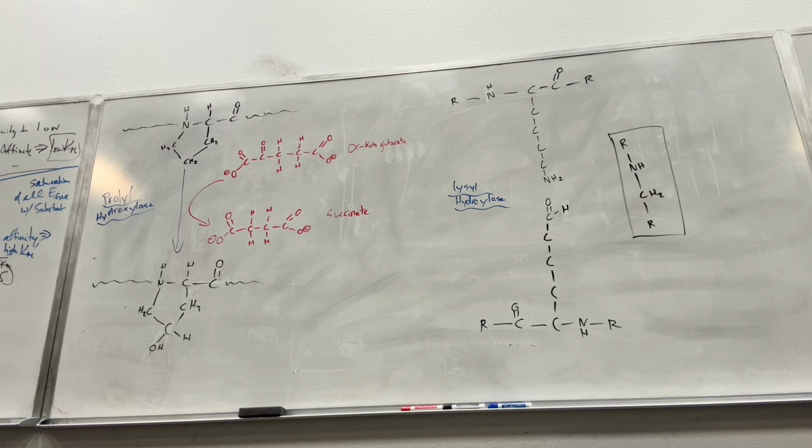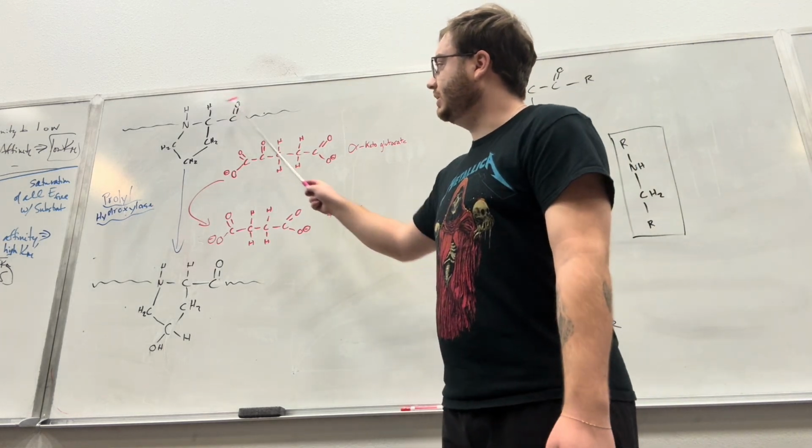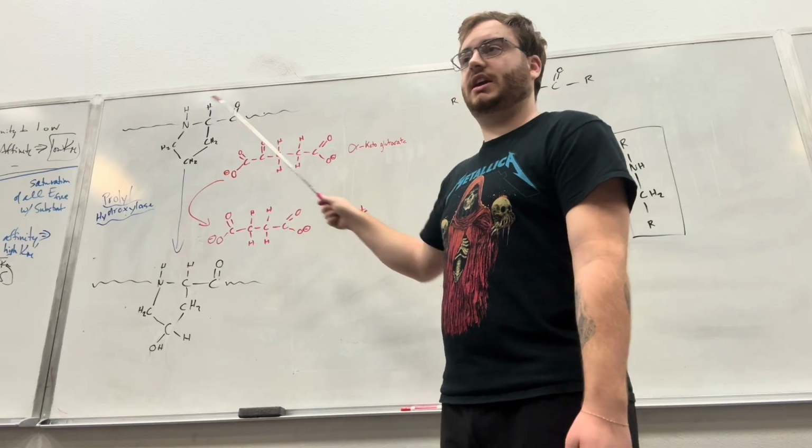The other 2/3 can be lysine, it can be proline, it can be other things. Lysine and proline is what I'm going to focus on here because those are what's really important. Over on this side, I have a proline in my chain.